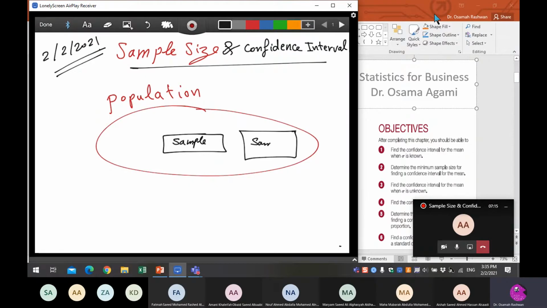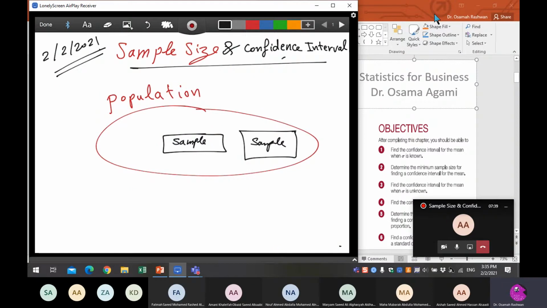So we will disagree about the size. This is why we have to determine the sample size. This is our main objective for today, as well as something called the confidence interval.